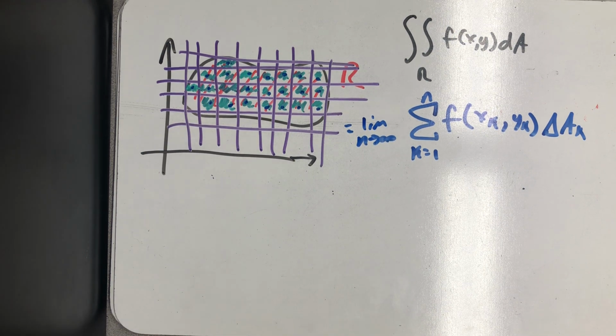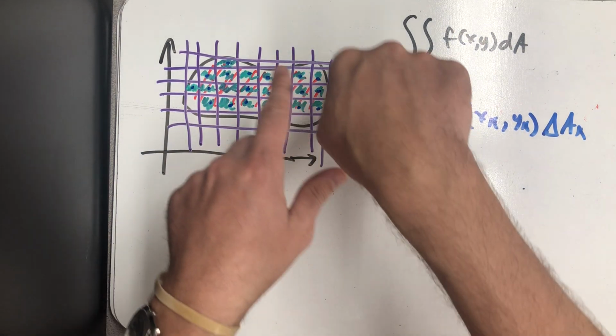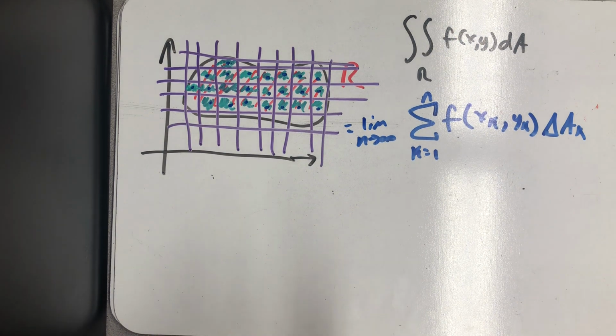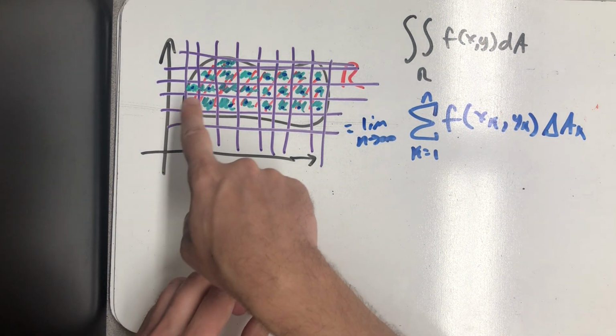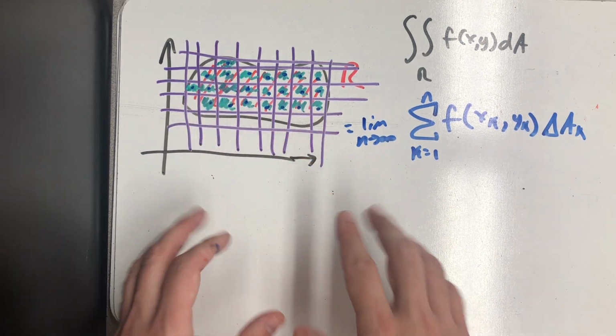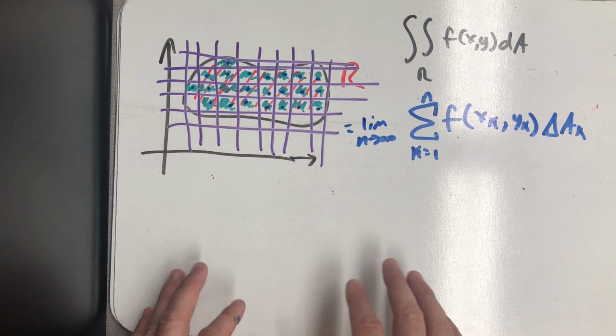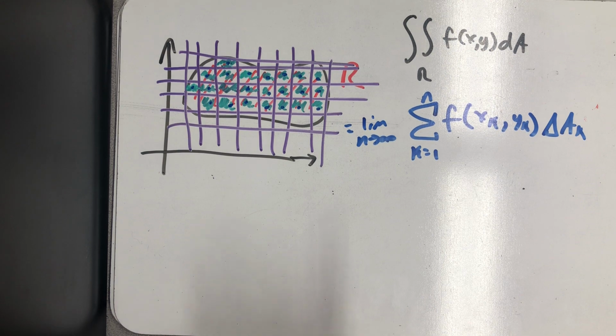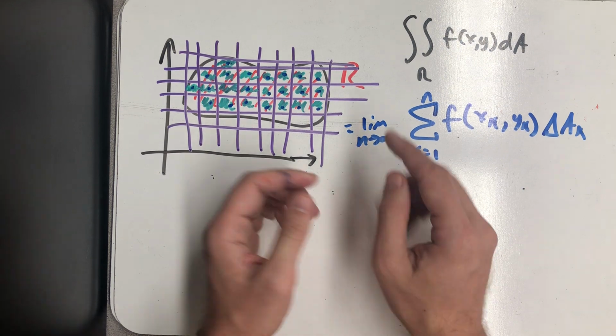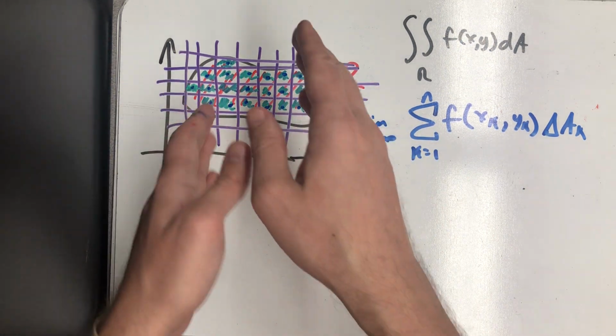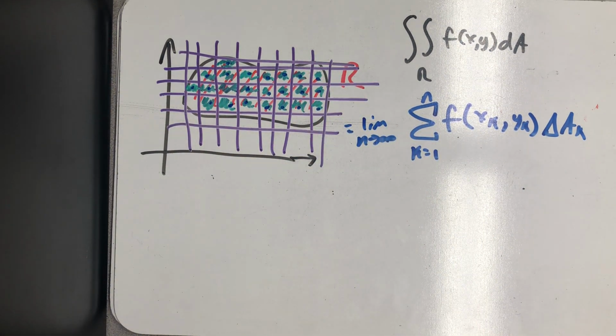And I know what you're worried about: that I didn't include the whole region. Well, what I want you to imagine is that right now, the green rectangles are like a very blurry, pixelated picture, as if I took it with a very bad camera that doesn't have a lot of pixels in it. As n goes to infinity, there are more and more little rectangles, which means my map gets finer.